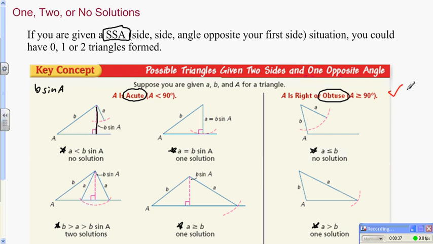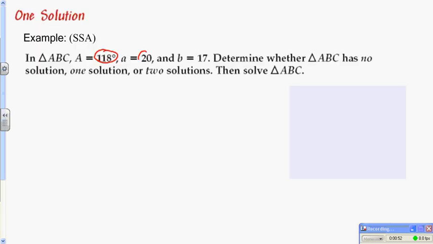this rule. So we're going to check and see if angle A is less than angle B, or if angle A is greater than angle B. Here is A, and here is B. 20 and 17. 20 is greater than 17.